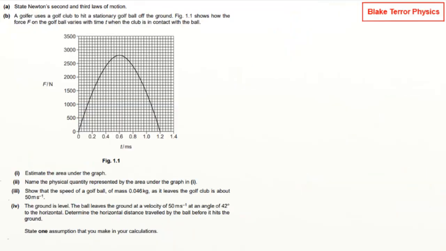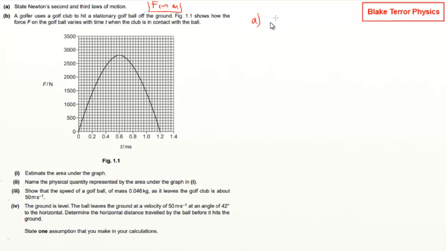Right, moving on. State Newton's second and third laws of motion. They want both of them. As always with these, the key is linking together forces with objects. We want this connection between force and mass. If we don't have an object, then what's the force doing? It has to apply to something. So we can use that in our description.